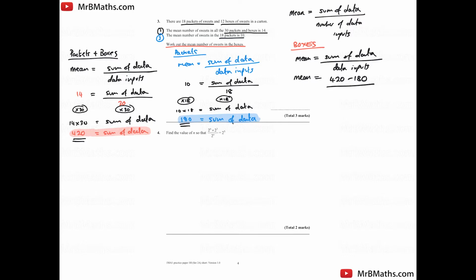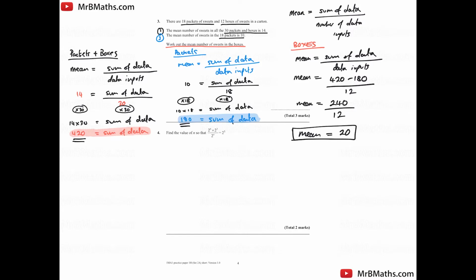How many boxes do we have? We have 12 boxes, so this would be over 12. So mean equals 420 take away 180, which is 240, over 12. So therefore our mean would be 20.